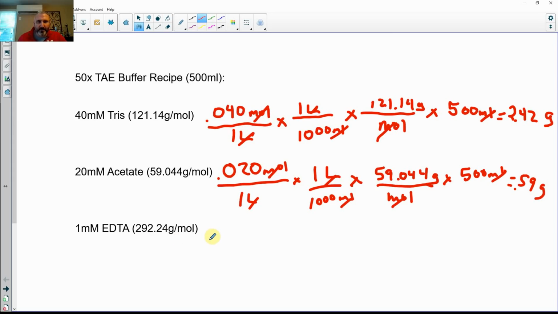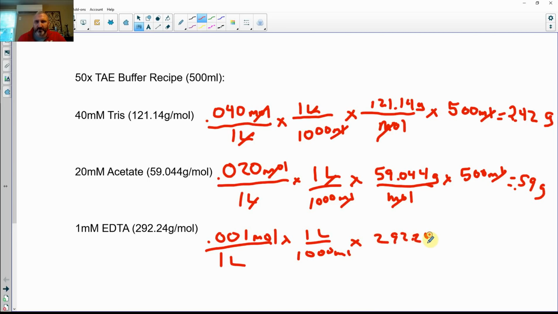And then finally, for the 1 millimolar, same deal, 0.001 moles per liter, times our conversion factor, 1 liter over 1,000 mils, times the molar mass of 292.24 grams per mole, times our final volume, 500 mils, and that should be 0.001 times 292.24 times 500 divided by 1,000.